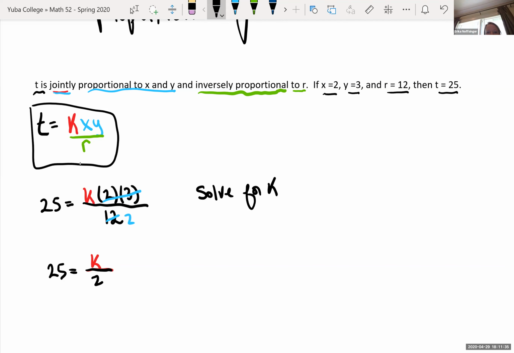To get k by itself, we can clear the fraction by multiplying both sides by our denominator of 2. And so we get k is equal to 2 times 25, which is 50.